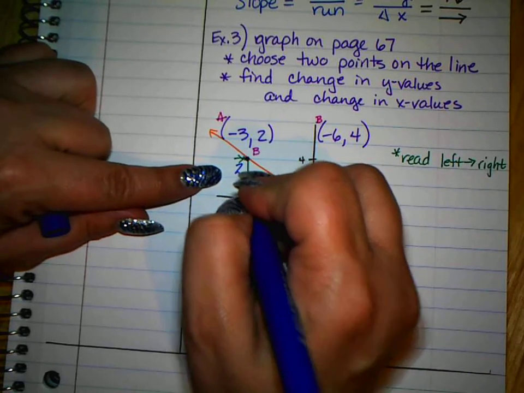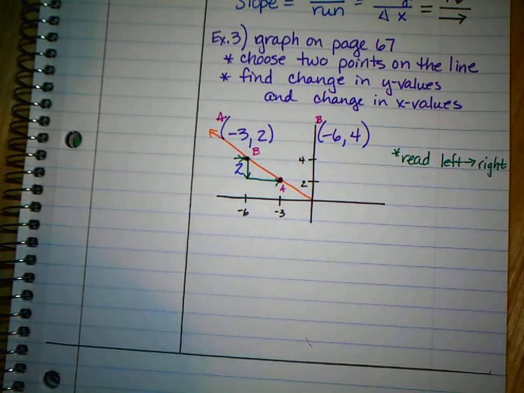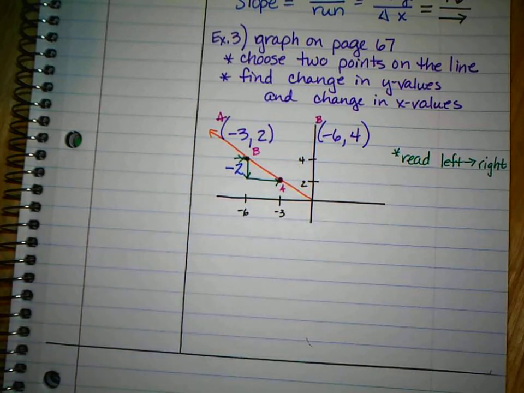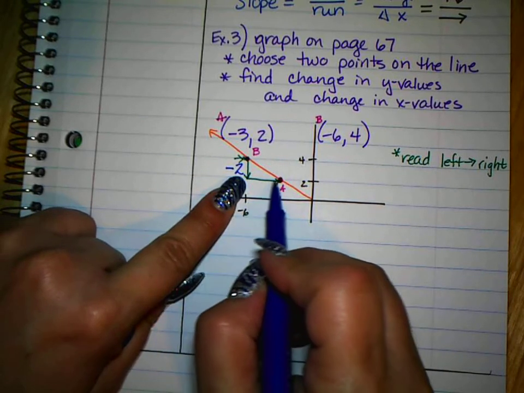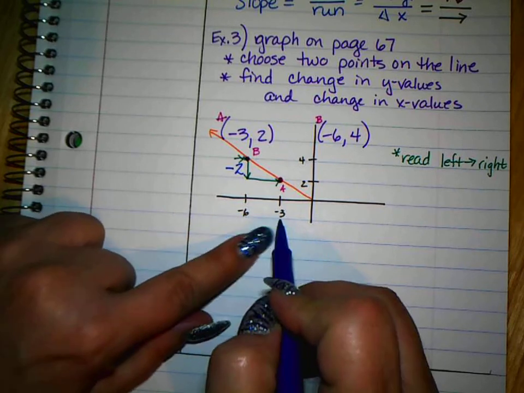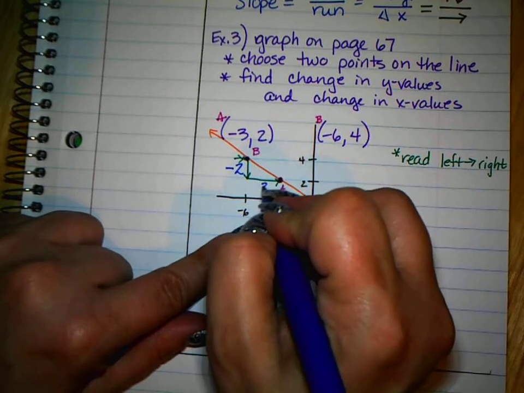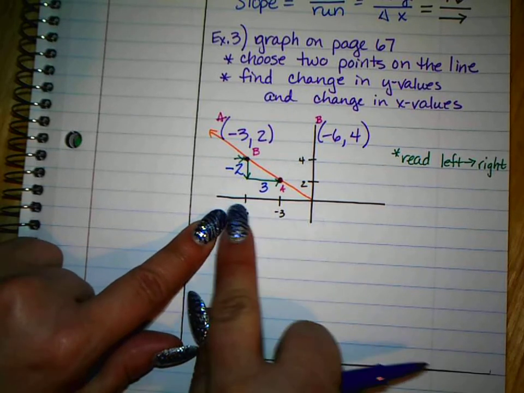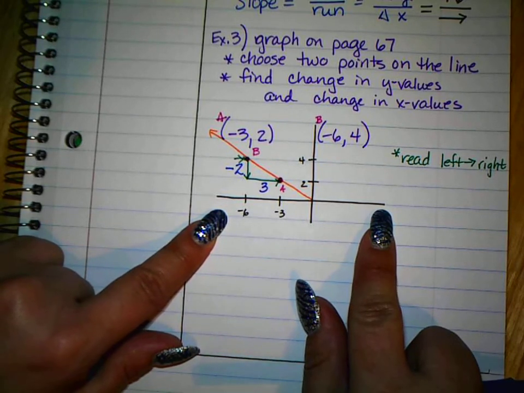Well, I went 2 units, but I need to show that I went down, so down is always a negative. Then when I turned and I went straight across to the A, how far did I go? Well, from -6 to -3, that is a positive 3 units because I'm going to the right, and to go to the right is always positive.